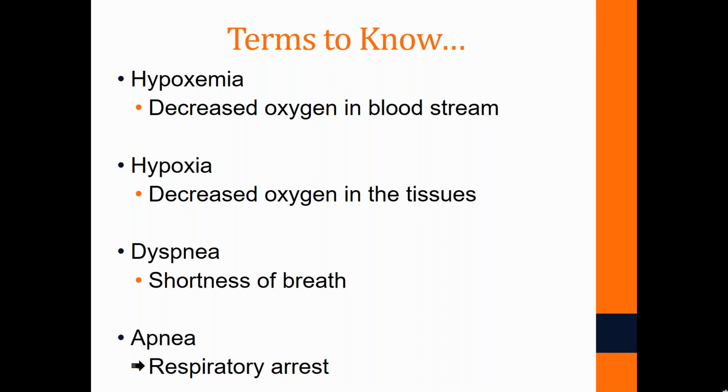We start them out on a nasal cannula, give them some oxygen, and see if that oxygen just going in an increased percentage can fix this hypoxemia, can fix this hypoxia, and make even just little corrections to their shortness of breath. Want to know what one of those little corrections is sometimes?